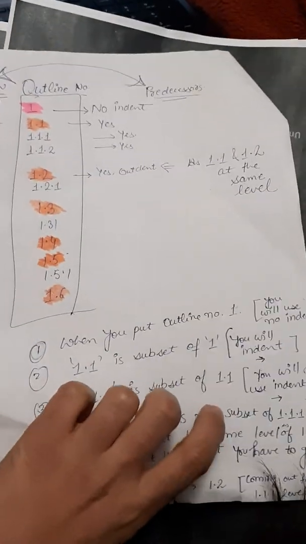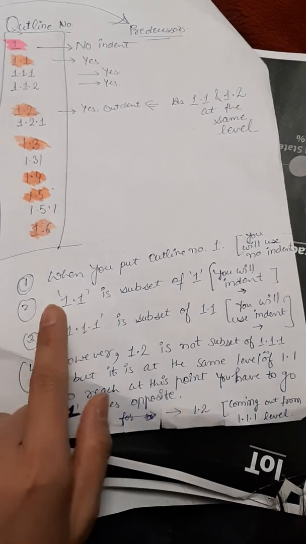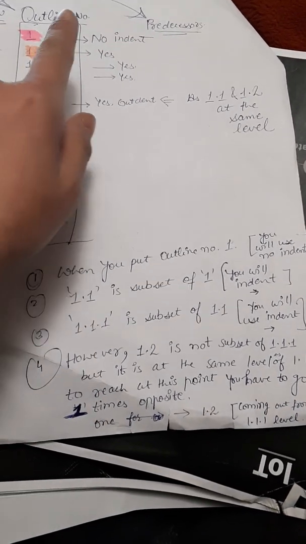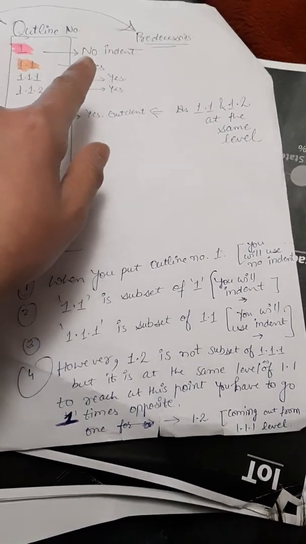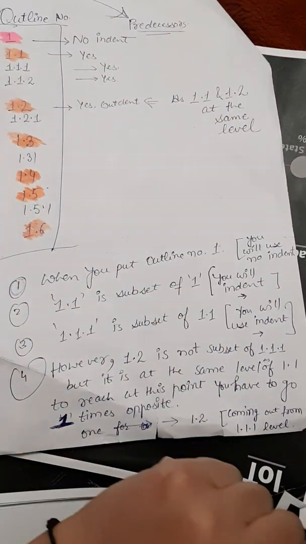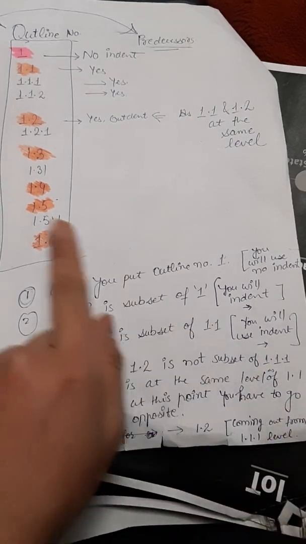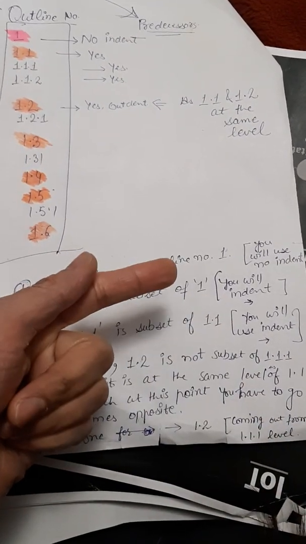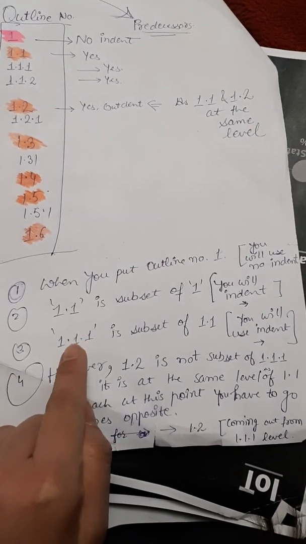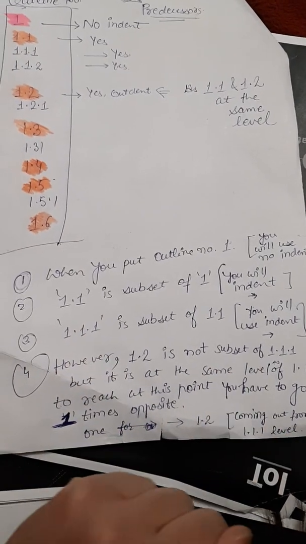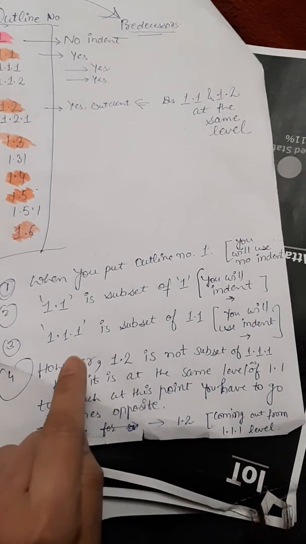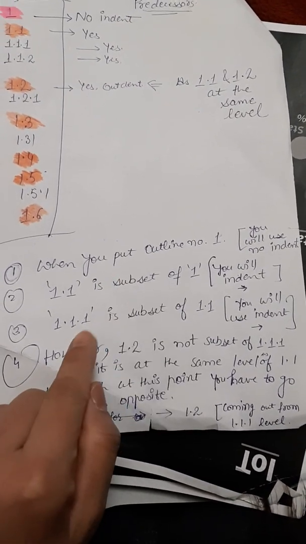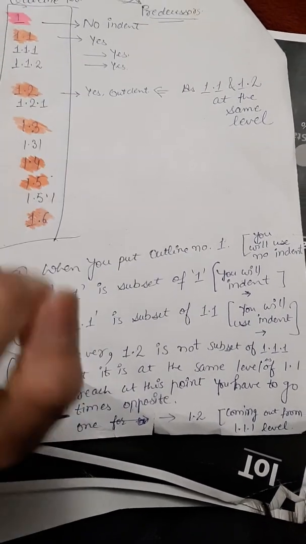So let me repeat it. When you put your outline number 1, the task, you will not use any indent. But as 1.1 is a subset of 1, you will use indent, and for this you will use one more time indent. However, 1.2 is the subset of 1, not of 1.1.2, the last entry you put, right?